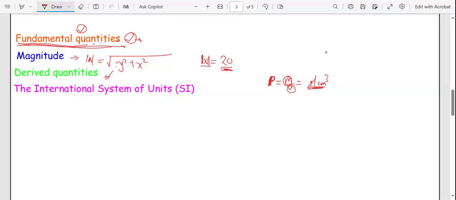But for the case of temperature, where I said these are fundamental, you find that temperature is given as just Kelvin. Even the mass, you just find it in kg or grams. So those are what you call fundamental. Now coming to derived, they are gotten from these fundamental ones.